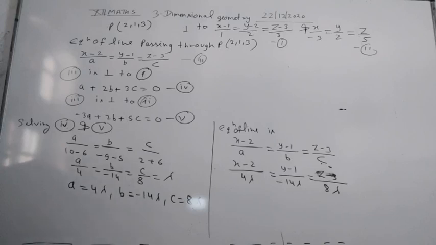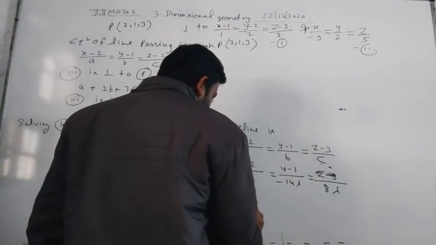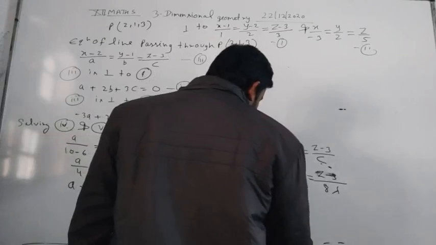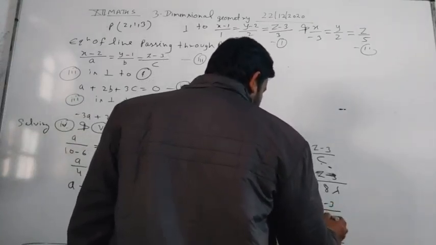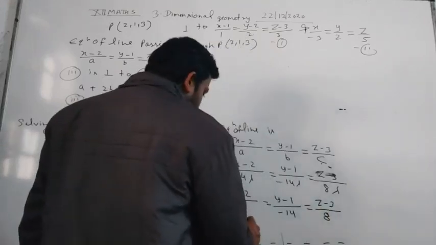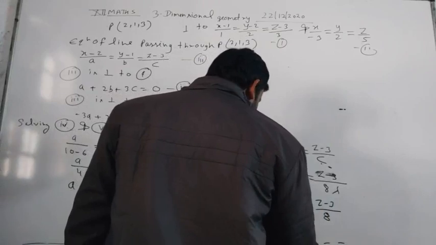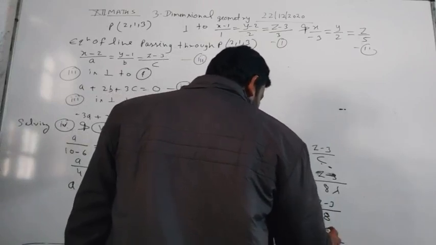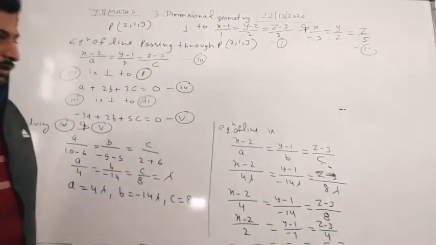Now we will remove lambda from here and get our required result. X minus 2 by 4, y minus 1 by minus 14 and z minus 3 by 8. This can also be written as x minus 2 by 2, y minus 1 by minus 7 and z minus 3 by 4 student.